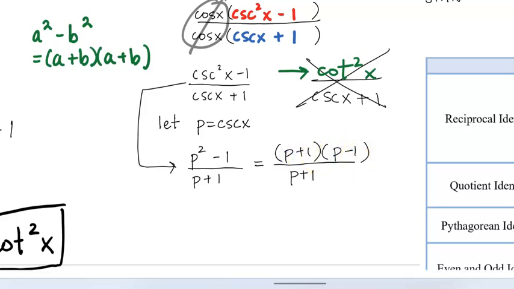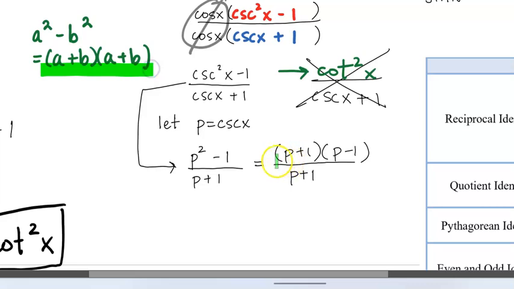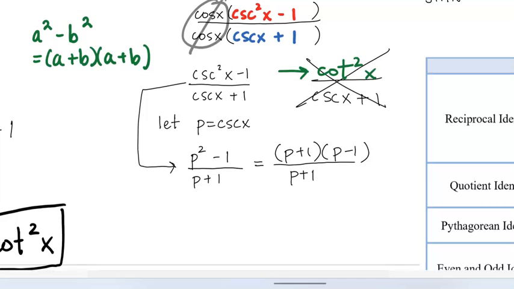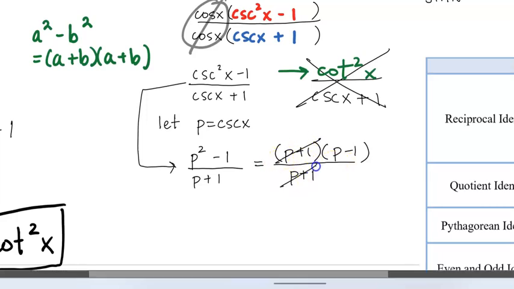So notice here, I have just completed my factors of that difference of squares. And now I can see that the p plus 1 would cancel out and just leave me with p minus 1. Now I'm not going to leave my answer in terms of p, because remember we had let p be cosecant.